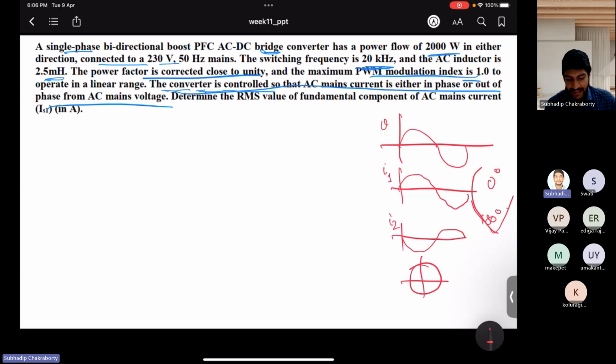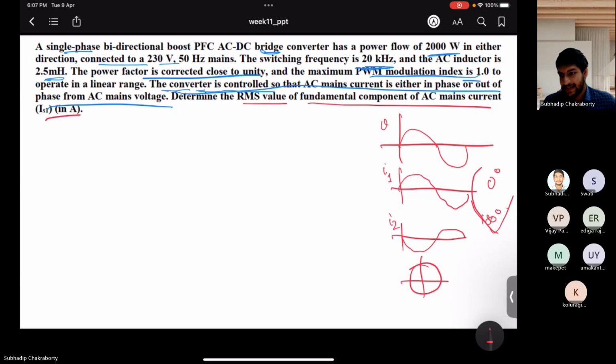So now determine the RMS value of the fundamental component of AC mains current. So that is what is asked. Now you see that you have a boost PFC and you are being asked, previously you were asked the RMS value of the fundamental component of the PWM voltage. Now you are being asked the current that is pushed from the supply side towards the load for a bidirectional boost PFC type of topology.